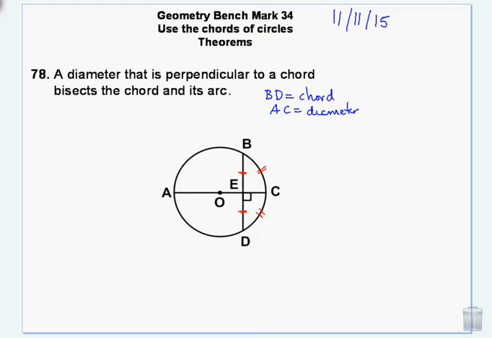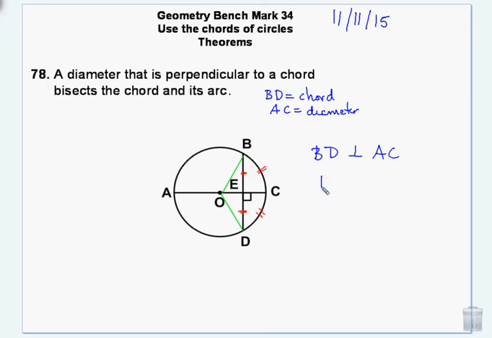Okay, so whatever that arc was from here to here, whatever those degrees were, this is now half, and that's half. Okay, so let me draw that a little better. BD is perpendicular to AC.